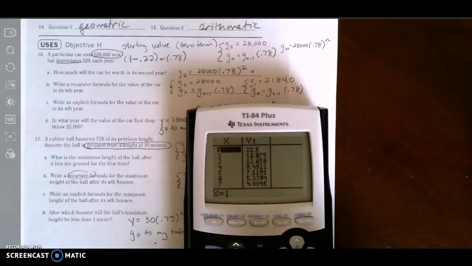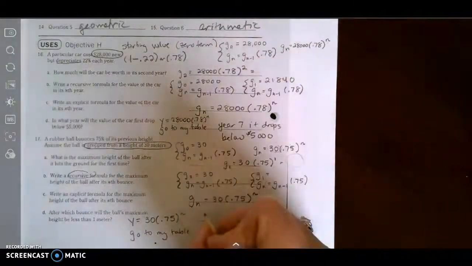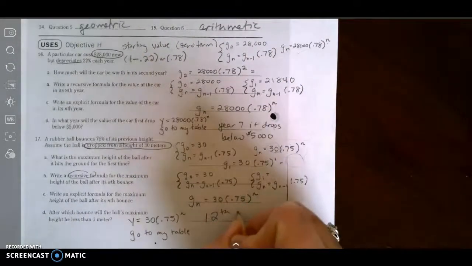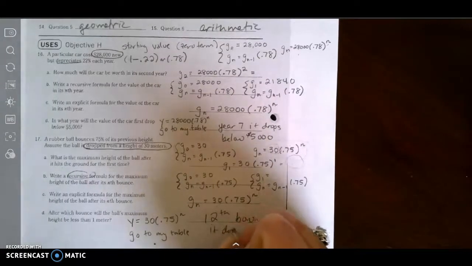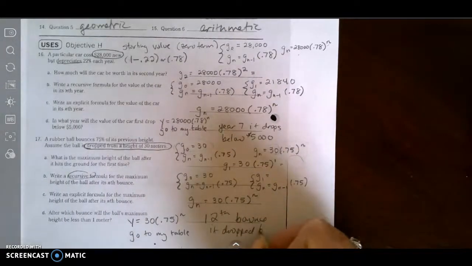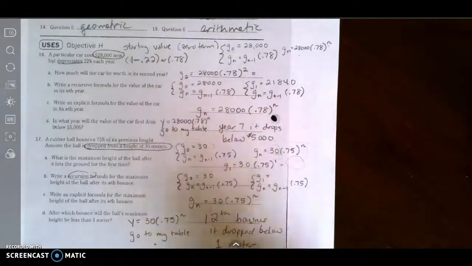There it is after the first bounce. It's at 22.5. It's getting lower and lower. Right there. On the 12th bounce, it dropped below 1 meter.